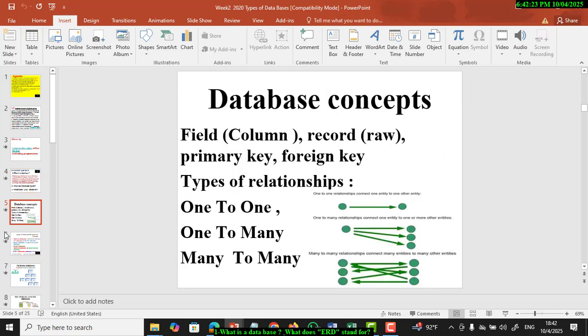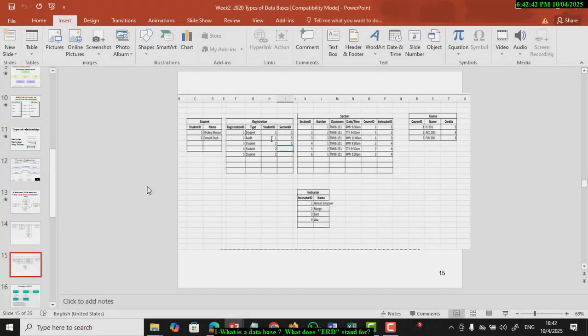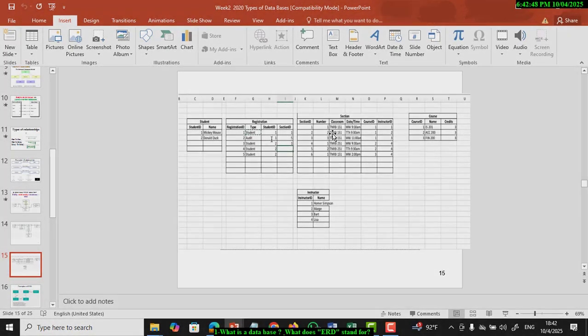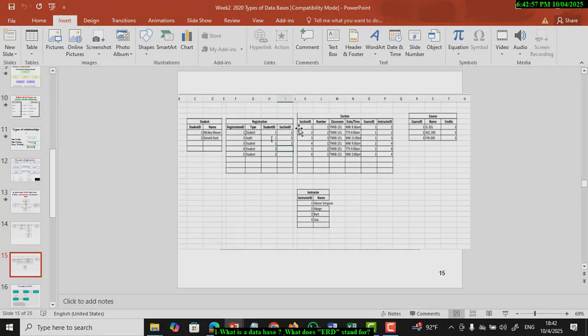Relations between tables. A database consists of tables, not one table. And a table consists of fields and rows, columns and rows. Like these tables here, there are 1, 2, 3, 4, 5 tables. Each one of those is a separate table. The table consists of columns, which are vertical, and rows, which are horizontal.